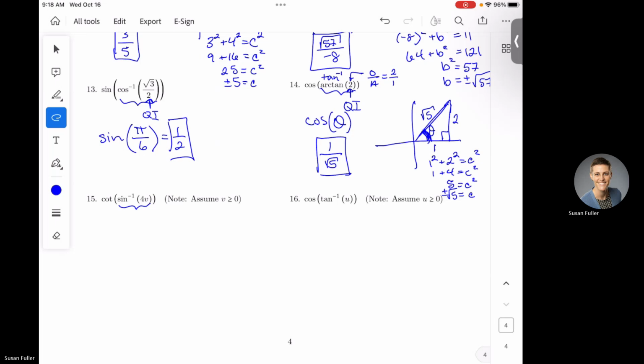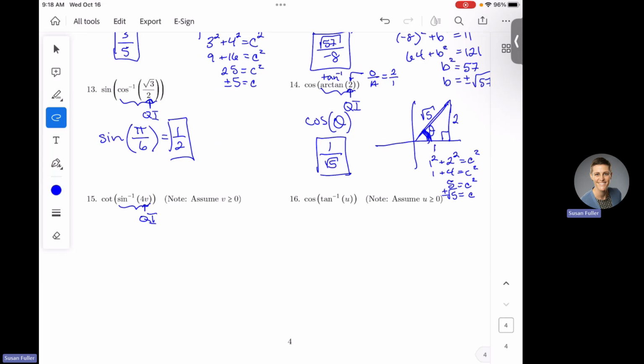So we're taking the inverse sine of 4V. Okay, that means this is a backwards trig function. So 4V is a ratio. And since V is positive, 4 times V is positive, which means arcsine is going to return us to quadrant 1, right?